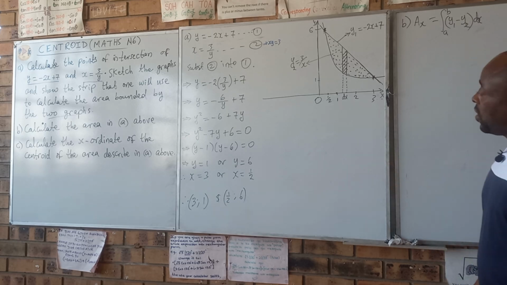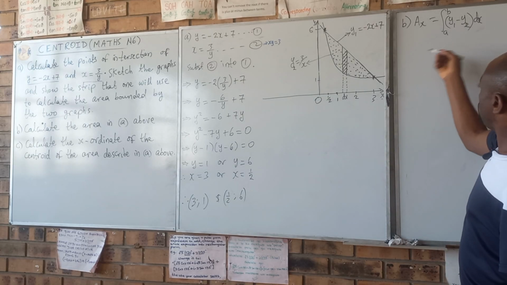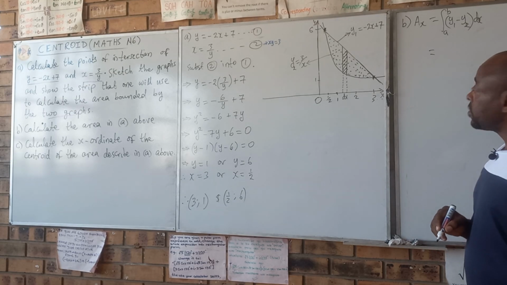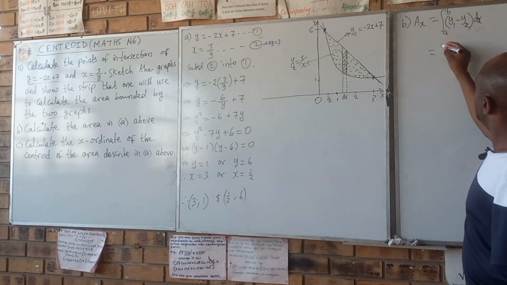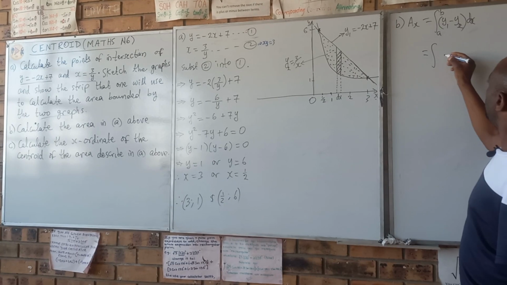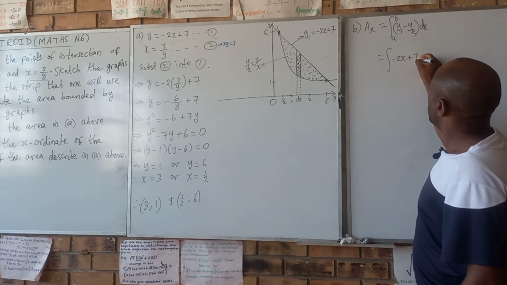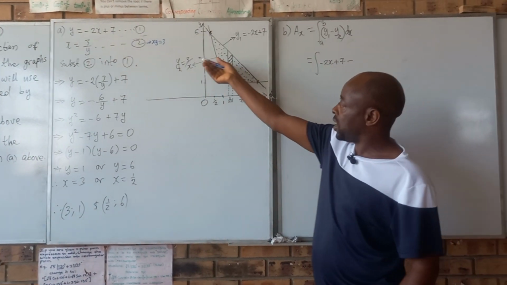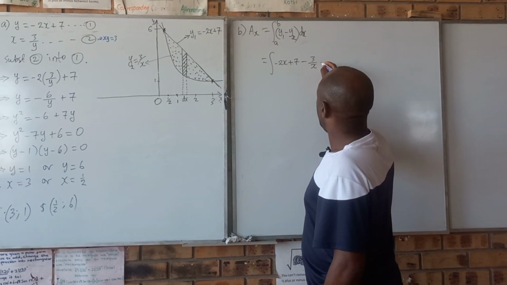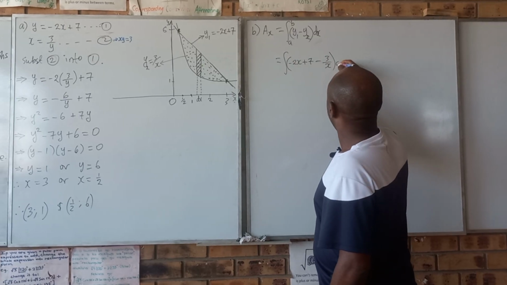It's now time to calculate the area in the B part. So we just need to start doing our substitution. In my substitution, I need y1. I can see my y1 on the graph, which is -2x plus 7, minus y2. I can also see on my graph, if you did your job like mine, these things will be easy, dx.